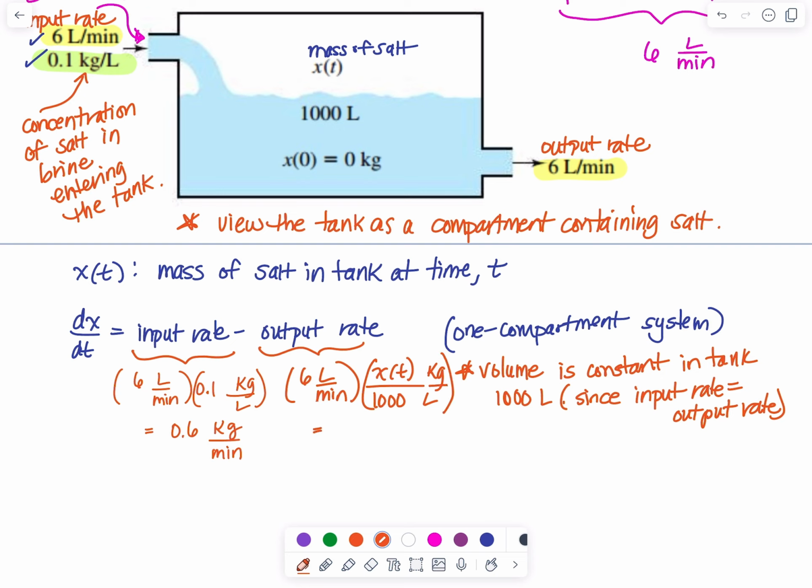And if we multiply that together, we will come up with 3x over 500 kilograms per minute. So that is our output rate.